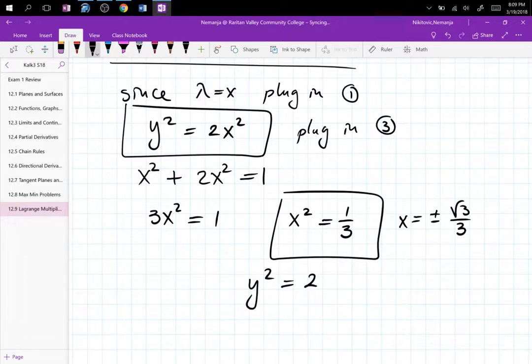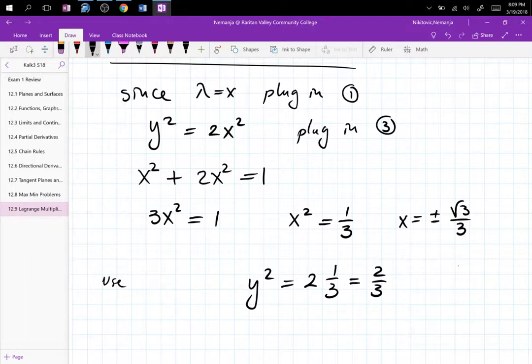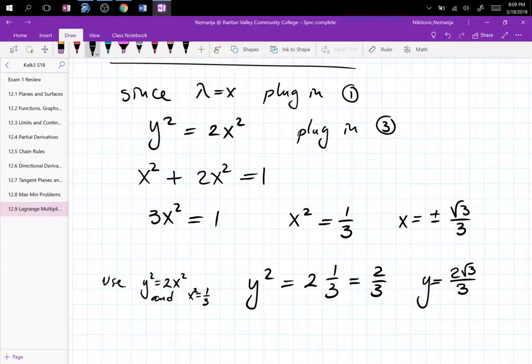So y squared is equal to 2 times 1/3, which is 2/3. So that gives me that y is equal to 2 root 3 over 3, plus minus.